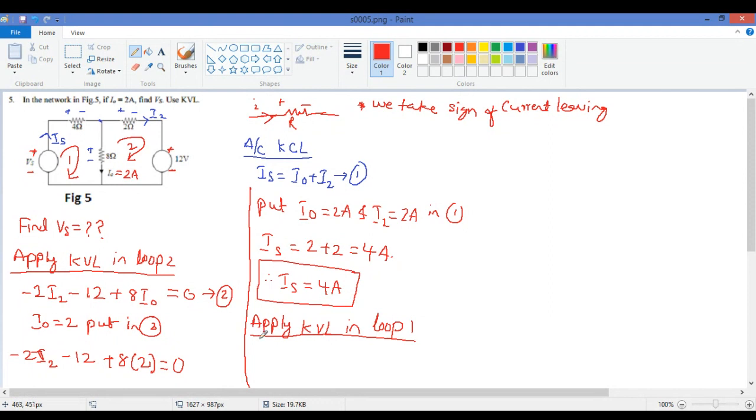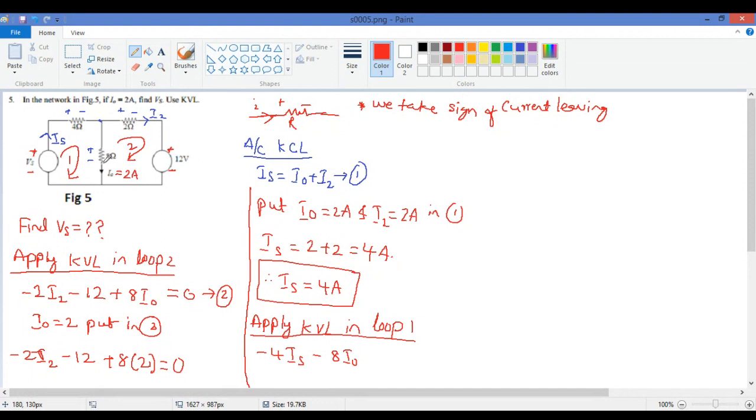If we apply KVL in loop 1, you see the current is leaving from the negative polarity of the resistance. What is the current here? Is. So minus 4 Is. Then again minus 8 I naught.